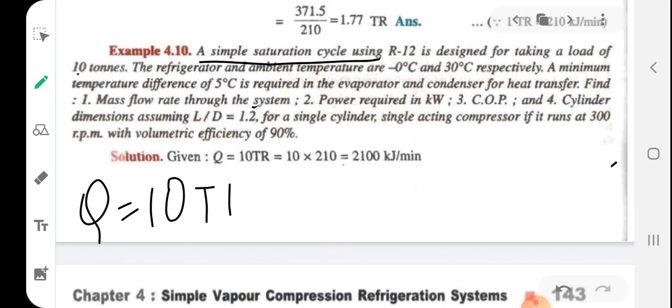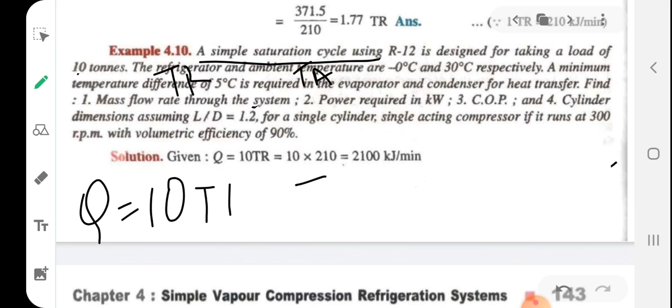So, given the evaporator temperature and condenser temperature are not directly given, but it is given that they have a 5 degrees Celsius difference from the ambient temperature and refrigeration temperature. This is TR, the refrigeration temperature, and this is TA, the ambient temperature.